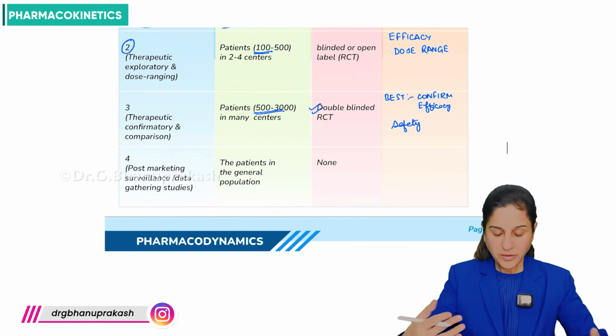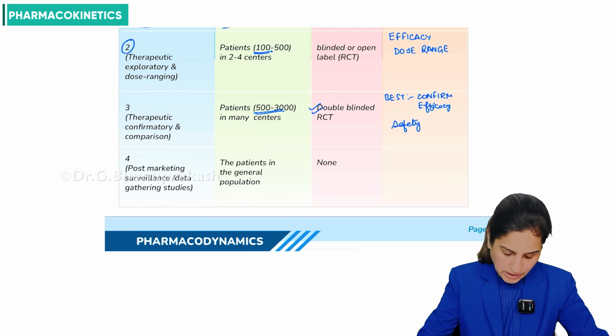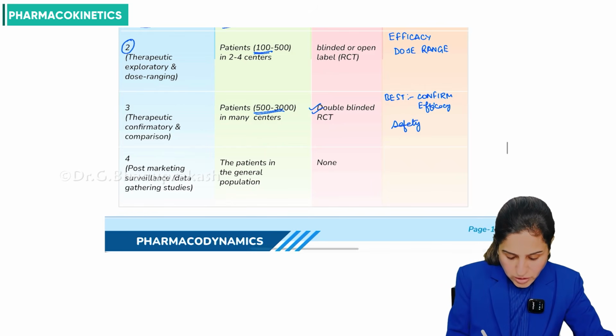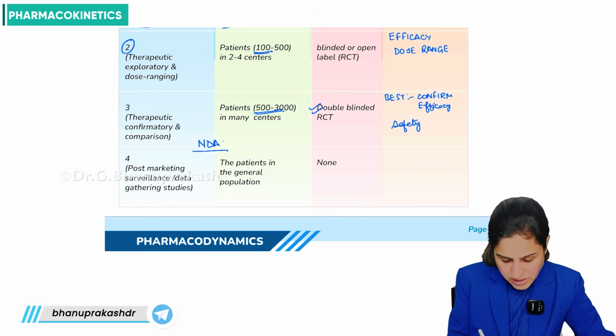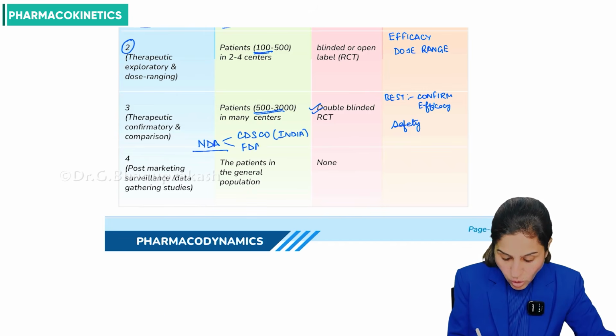So when we have all the good reports or good data after phase 3, then the new drug application comes. It is submitted to CDSCO in India, or rather to the FDA in the US, if it is a US trial.